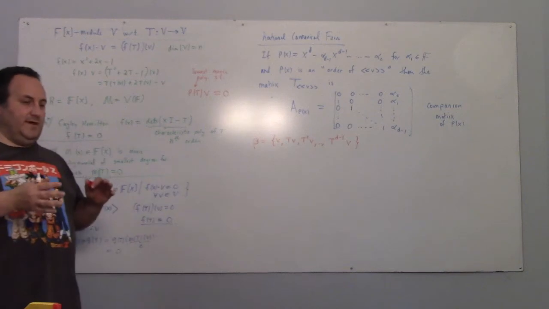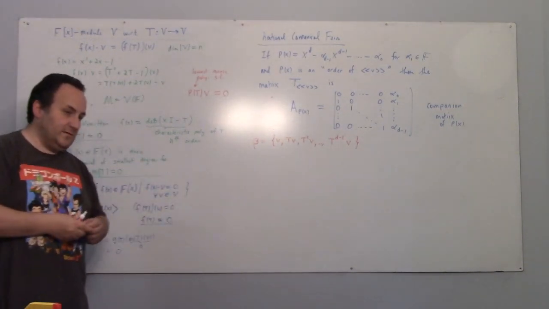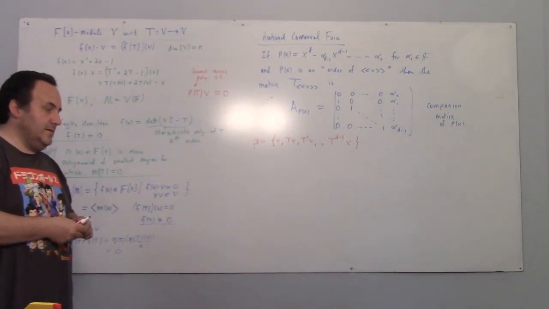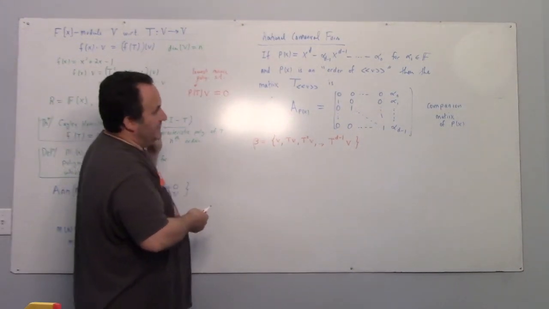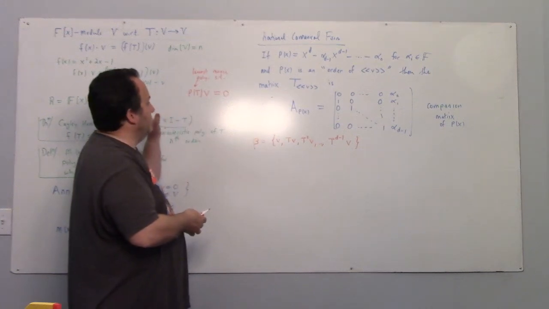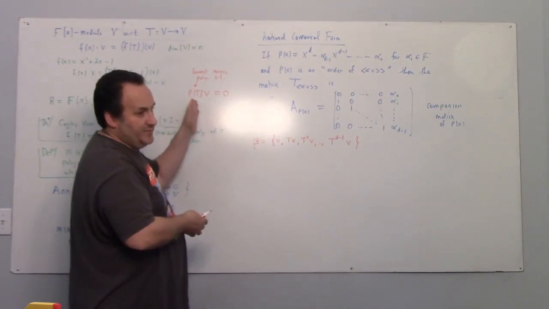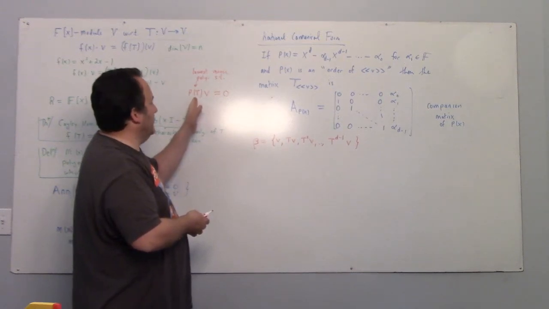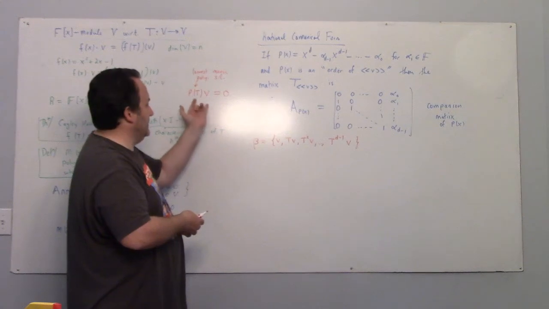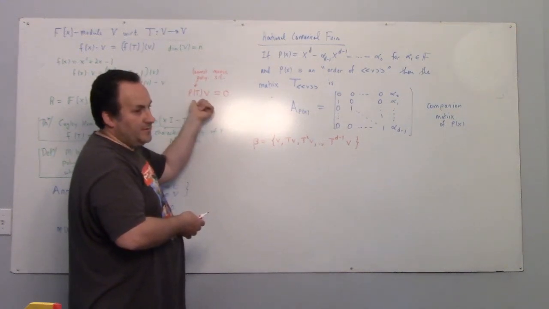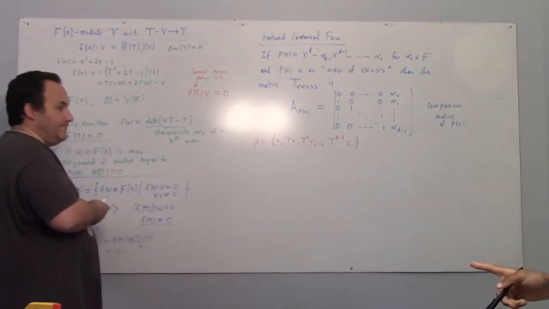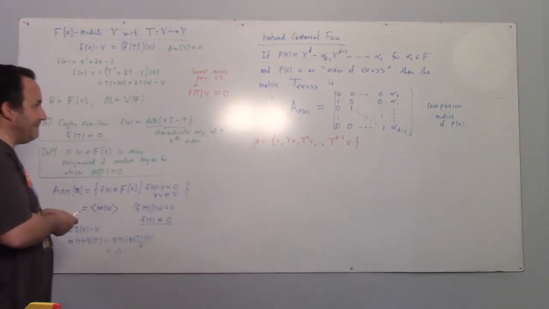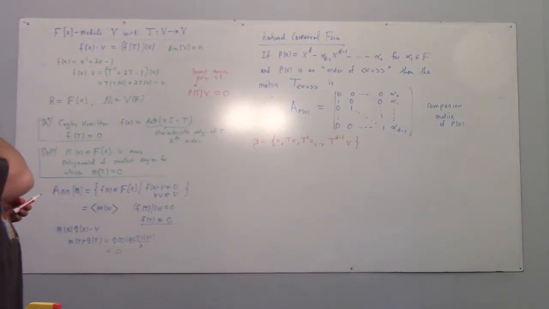So you're given a linear transformation, right? And you can hit it with polynomials in the linear transformation. Then there has to be a smallest polynomial of lowest order such that this is 0, and that's a monic polynomial. So going back to down here, is it just the first annihilator?